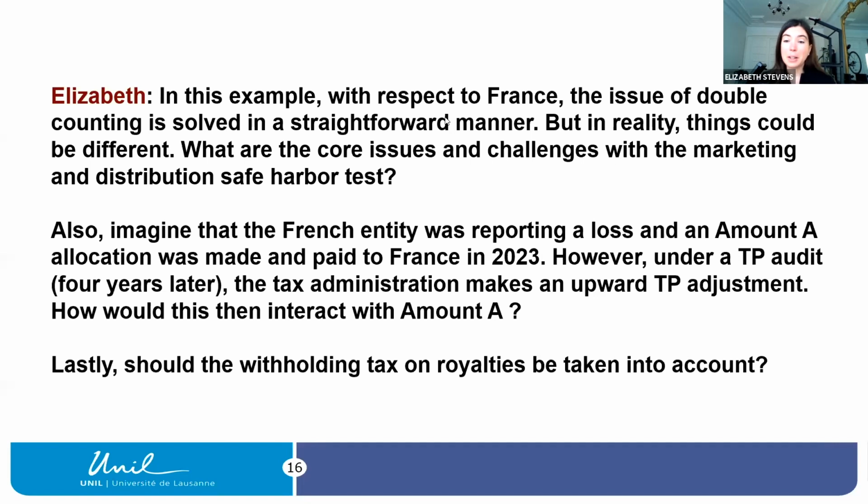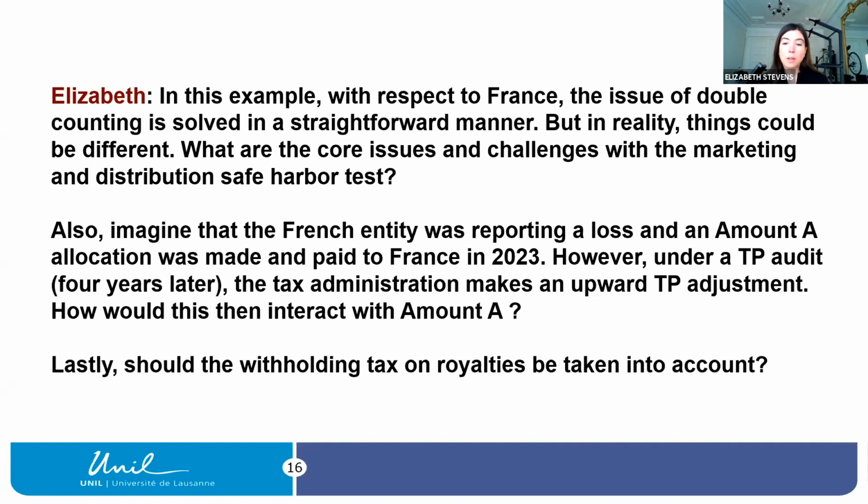So I'll take the next question on transfer pricing adjustments. And Norman already previewed that this is a significant issue on which nobody really has an answer yet. So we assume for purposes of this question that the French entity is just a distributor and not a multifunctional entity.